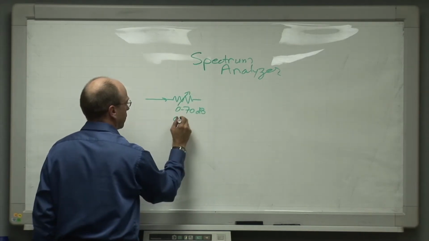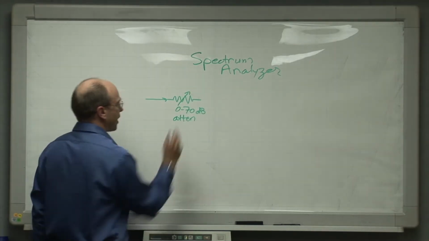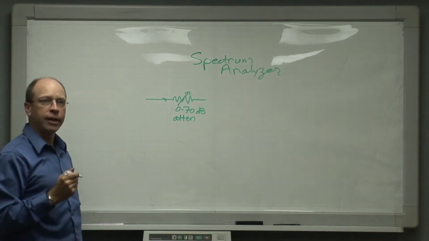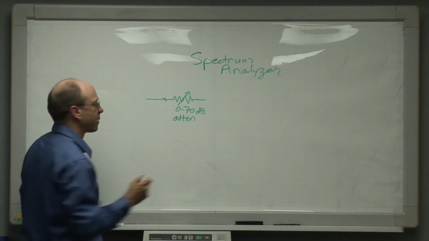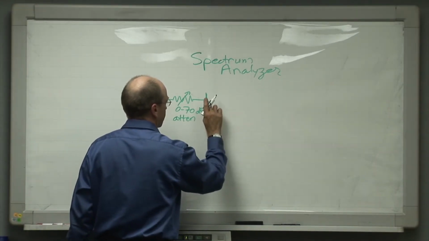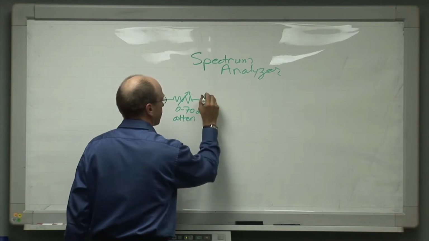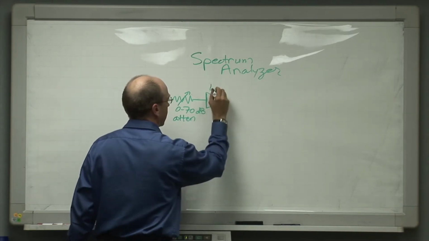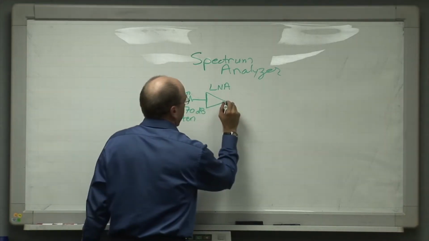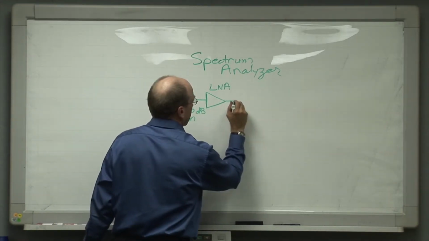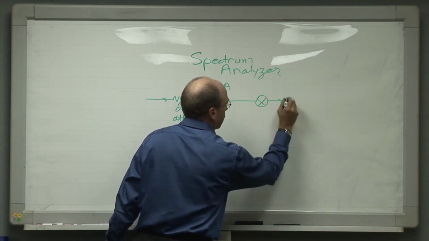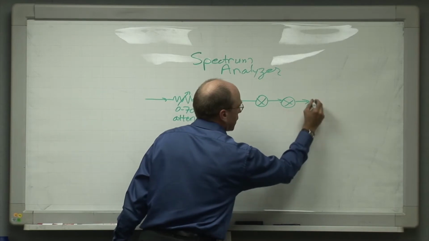A variable RF attenuation. And then the spectrum analyzer has an option, typically, as you'll recall, where we can either turn on a preamp or not turn on a preamp. Let's just assume that we go ahead and turn on the preamp here at the front end. But I'll show you what the problem is with that in a moment. So we turn on the preamp, the low noise amplifier, here at the front end, and we then go into a mixer, and we probably have multiple mixing stages, and this gets us into the IF.